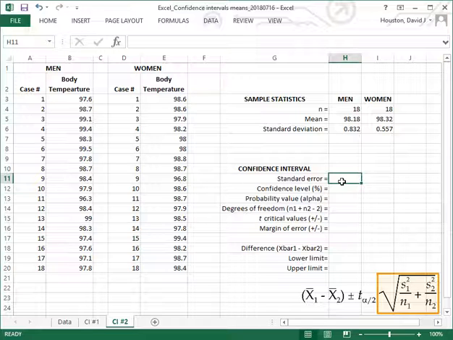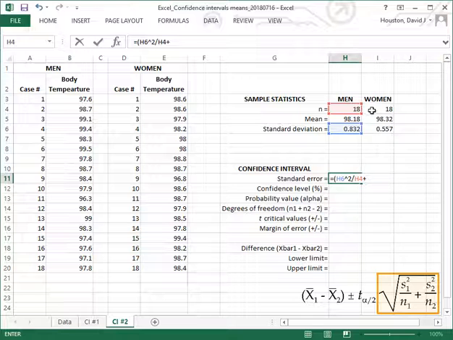To find the standard error for constructing our confidence interval, first, and I'll put this in parentheses, we will take the standard deviation for men, which is in cell H6, square it, and then divide that by the sample size for men.